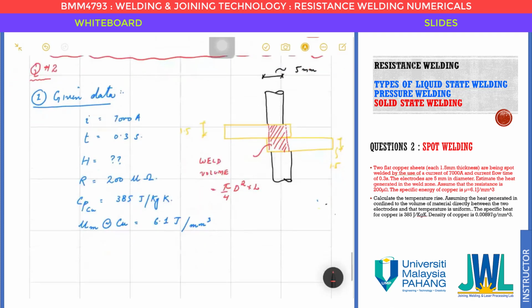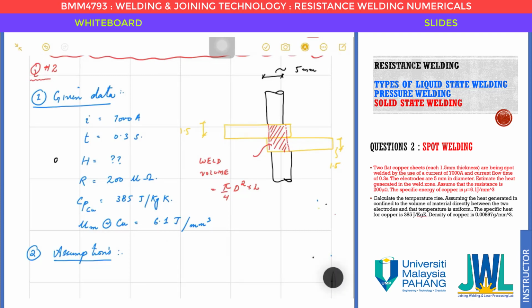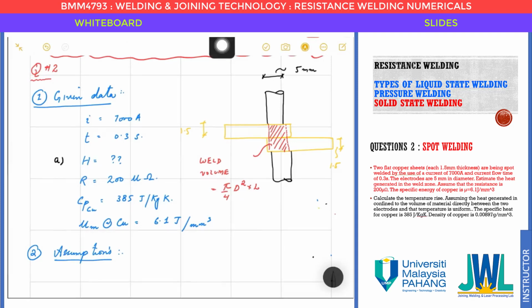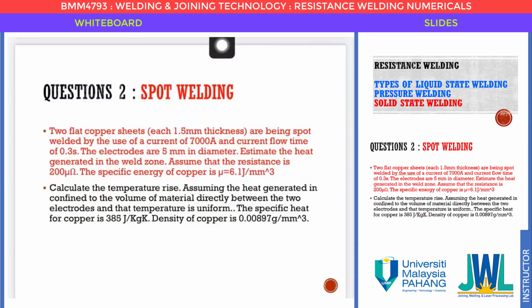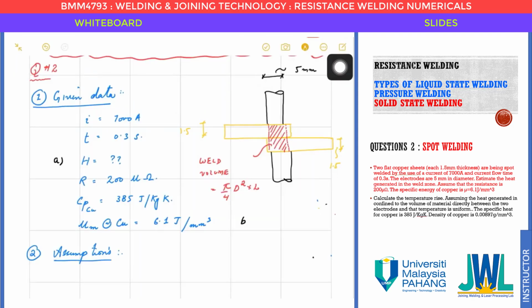Now let's move to assumptions. What is it asking? It is asking us to find the required heat to melt the material and calculate a temperature rise. Temperature rise is delta T. So part B, it is asking what is delta T, the temperature rise.